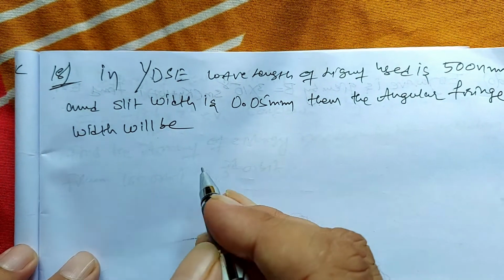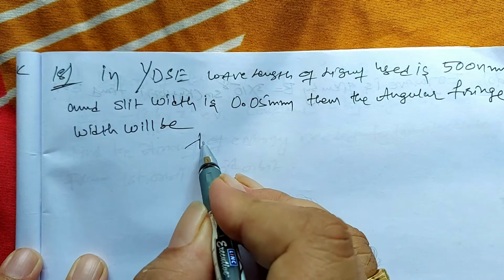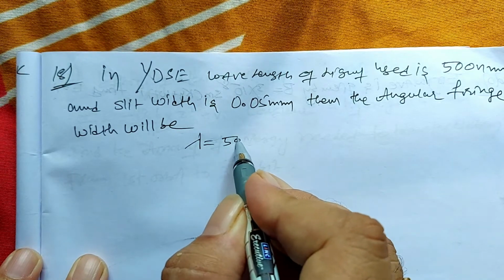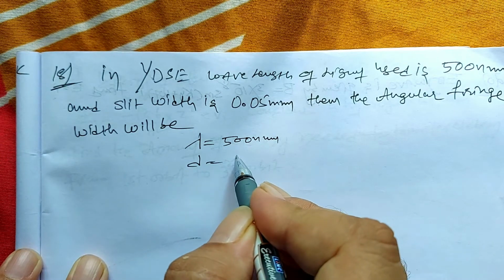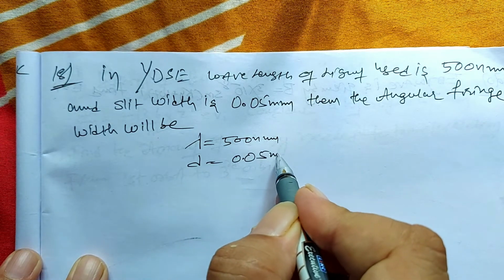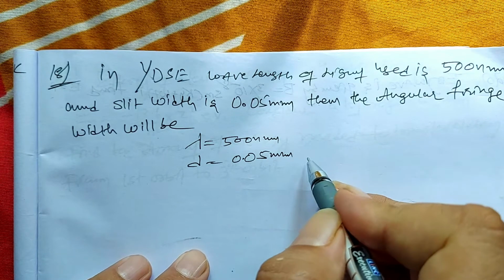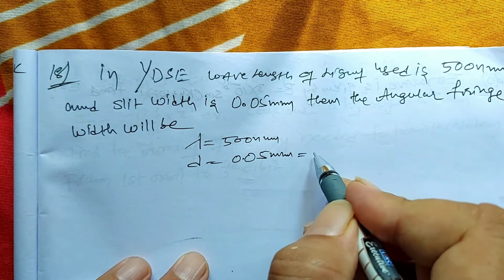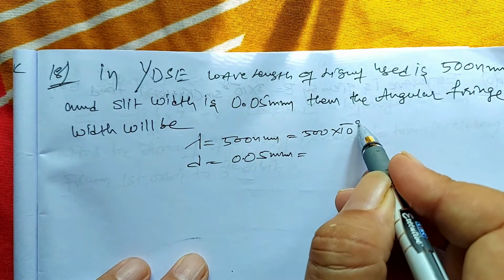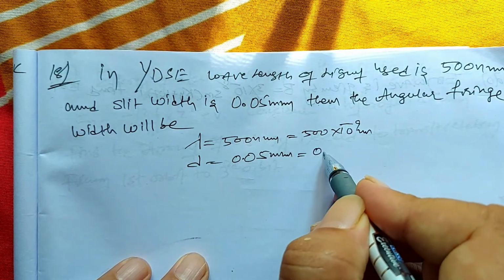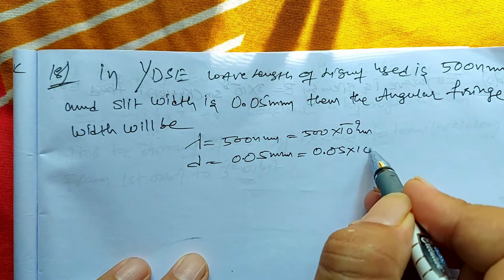Here the wavelength of light used is 500 nanometers, and the slit width is 0.05 millimeters. That is, 500 nanometers is equal to 500 into 10 to the power of minus 9 meters, and 0.05 into 10 to the power of minus 3 meters.